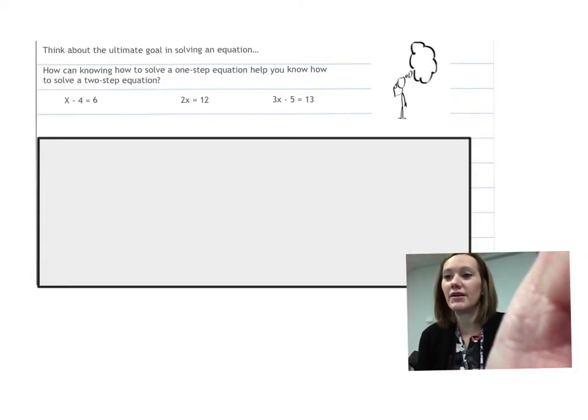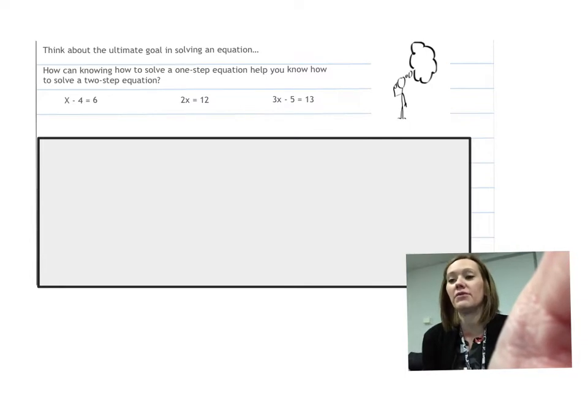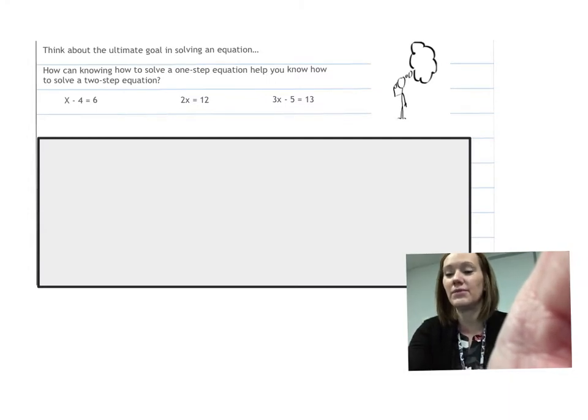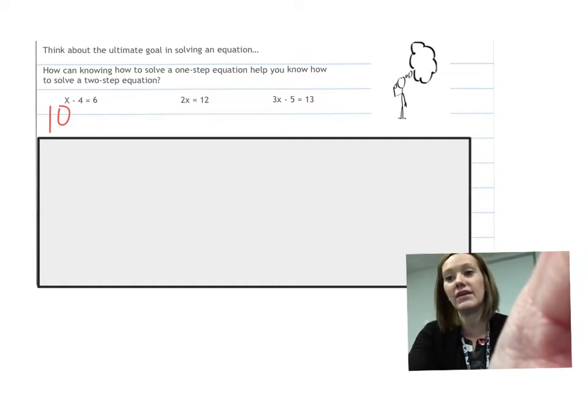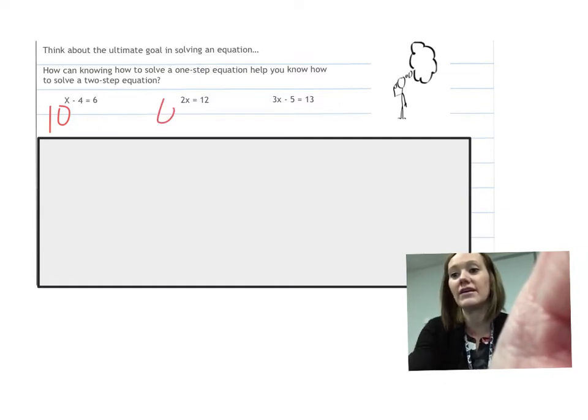Okay, so we want to think about what our ultimate goal in solving an equation is, which would be to figure out what the value of the variable would be to make both sides equal. So if we look at x minus 4 equals 6, we know, since we've been doing one-step subtraction equations, that we can use the inverse and do 6 plus 4, and we know that x would be 10. 2x equals 12, 2 times something equals 12, and we know that x would be 6.